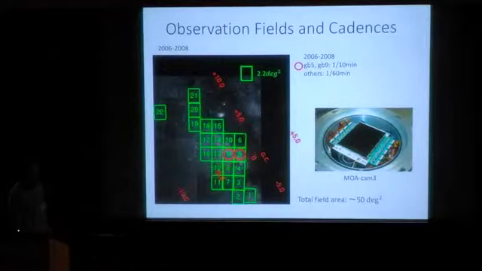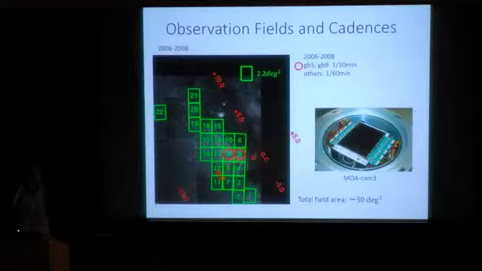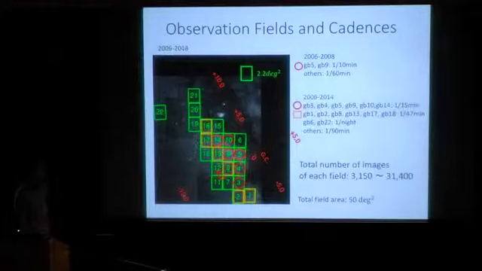From 2006 to 2008, GB5 and 9 in red circles were observed once per 10 minutes, and other fields were observed once per 60 minutes.